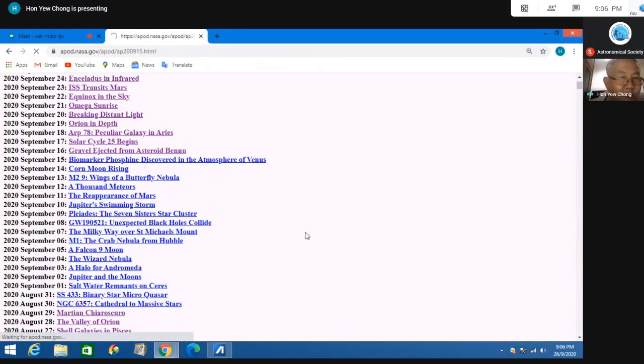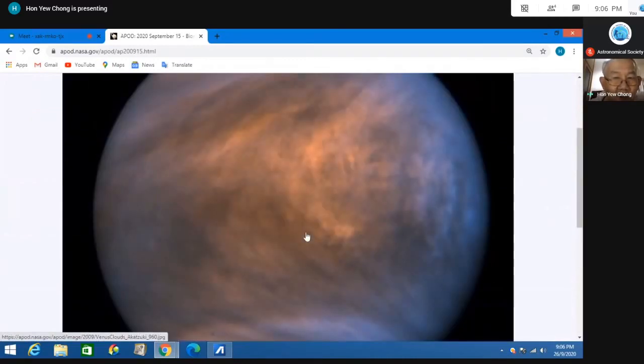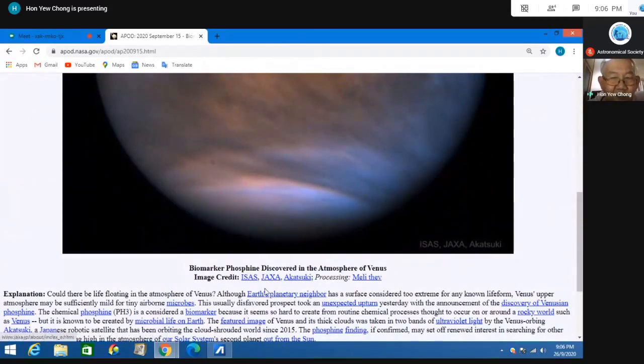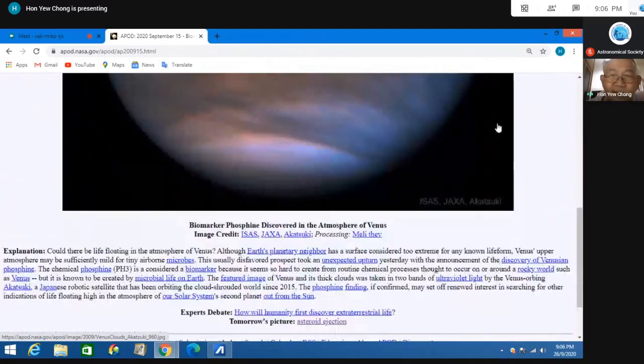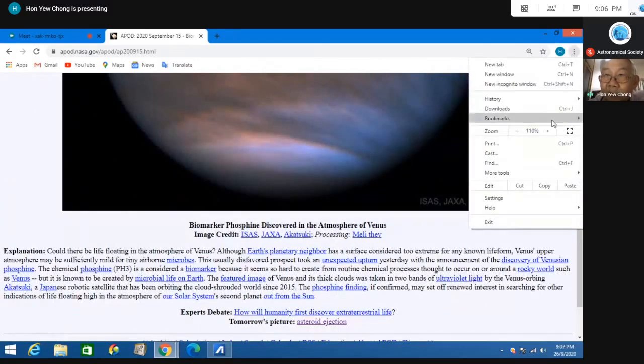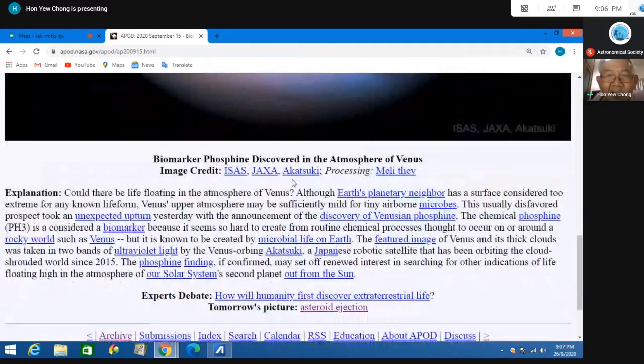This is big news. 10 years ago, Venus. All right. Okay, Venus here is taken by our Japanese space exploration agency JAXA, and this is taken by the spacecraft the Japanese sent 10 years ago, 2010, Akatsuki, and processed by one amateur astronomer.